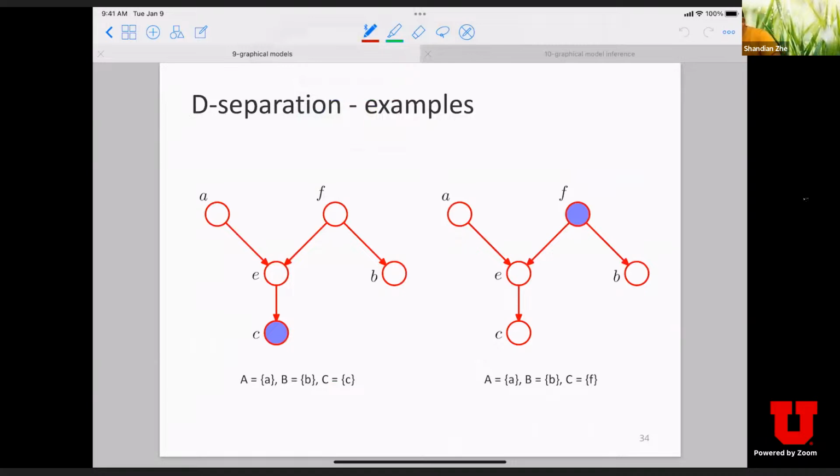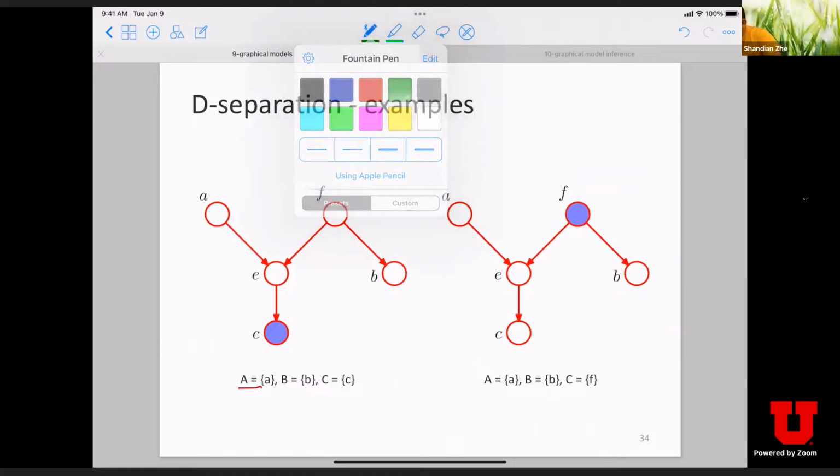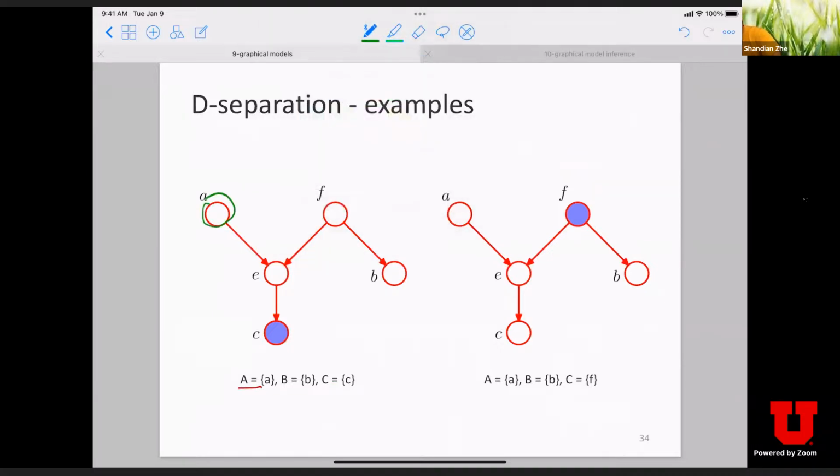First, we define A as just one node here, and B is this node here, and C is here. So if you want to check whether A and B are conditionally independent given C, how can we do that?